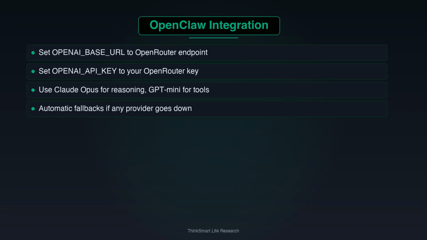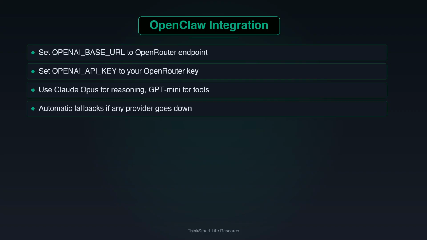For OpenClaw users, OpenRouter is a powerful power move. Since OpenClaw uses the OpenAI SDK under the hood, configuring it is just two environment variables. Set OPENAI_BASE_URL to the OpenRouter endpoint and OPENAI_API_KEY to your OpenRouter key.